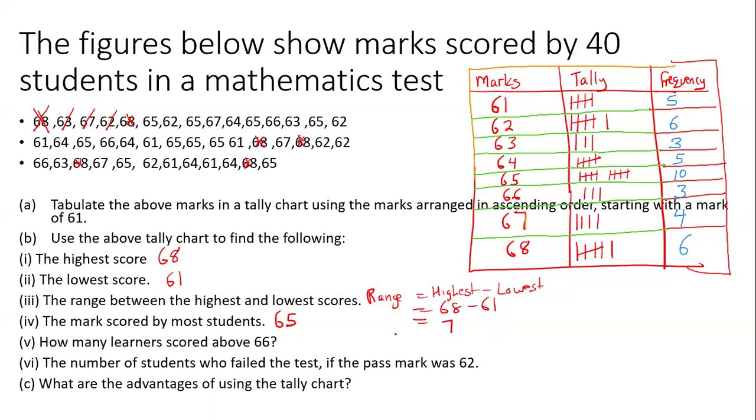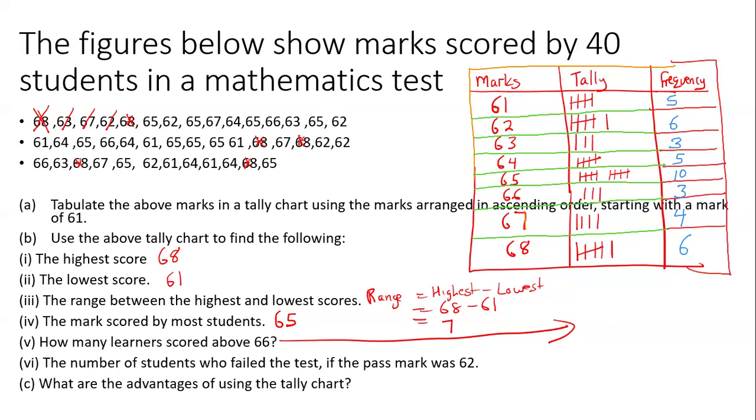They scored 66, 67, and 68. Above 66 means which mark do you need to have? Yes, Pax? Okay, when you tell your mom, mom, give me above 10,000, which amount of money do you expect her to give you? The amount that is more than 10,000.